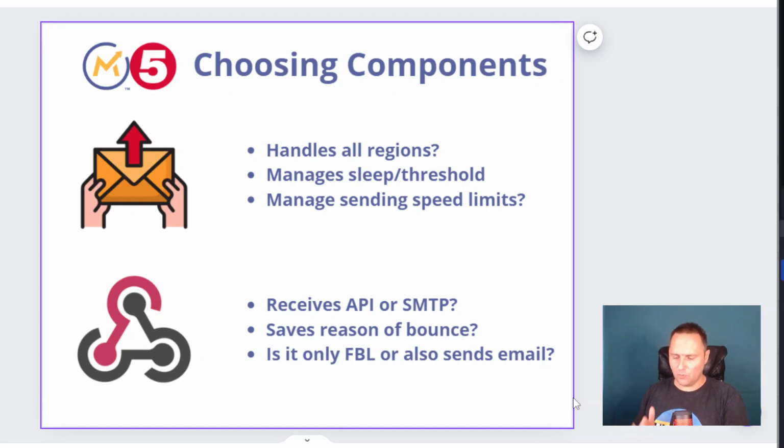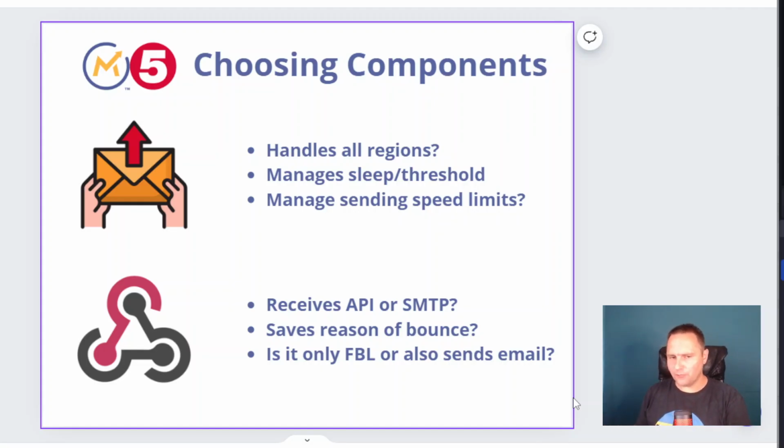So can you chop up your email sending in a way that you have a little break between emails? This is very good if you are warming up an IP or you just want to send slow. Does it manage the sending speed limits? For example, if you have a new Amazon account, your limit is 14 emails per second. Does your component let you send faster than this? And if yes, then how can you limit it?